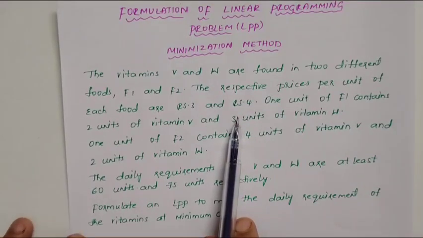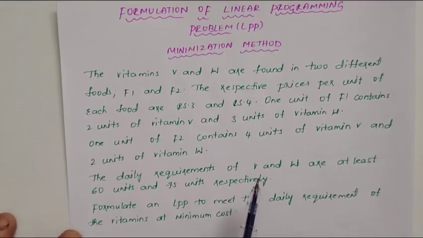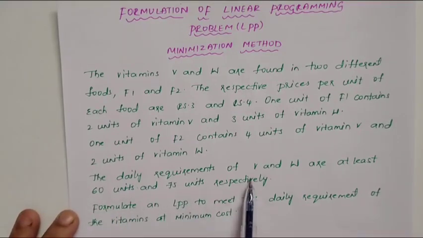The problem also tells us how many units of each vitamin are available in 1 unit of each food. The daily requirement is at least 60 units and 75 units for vitamin V and vitamin W.